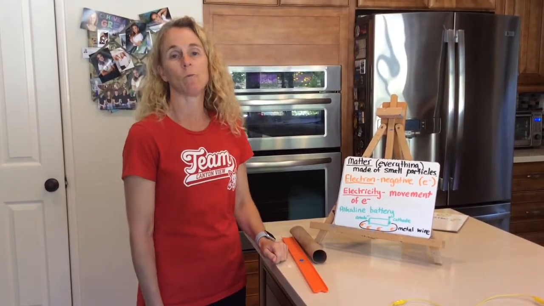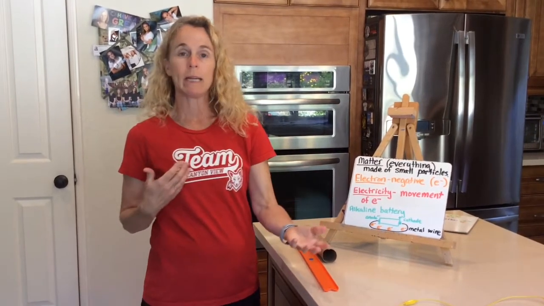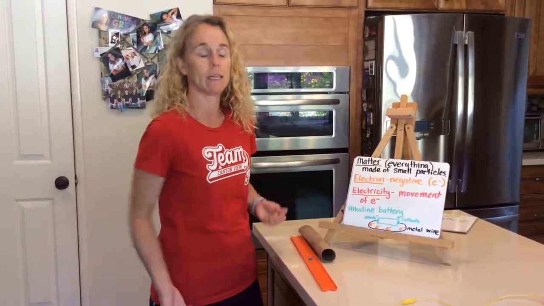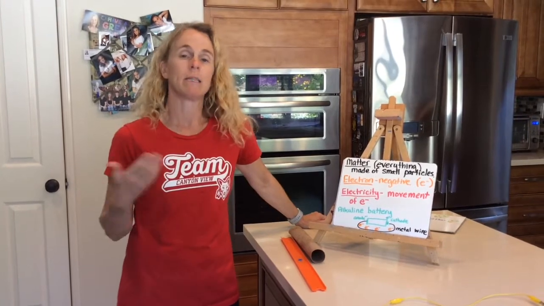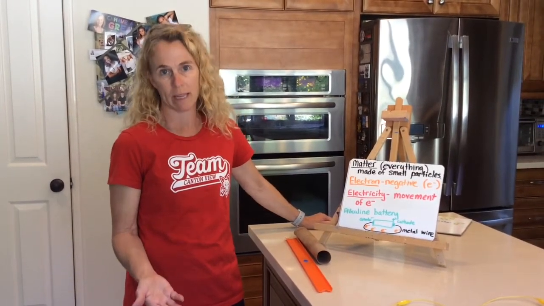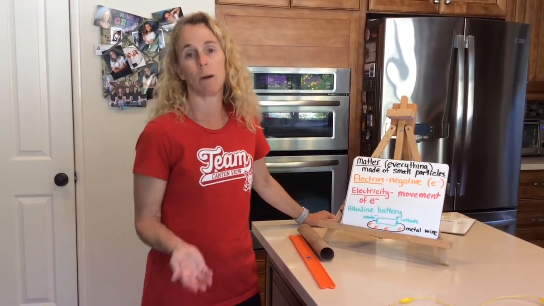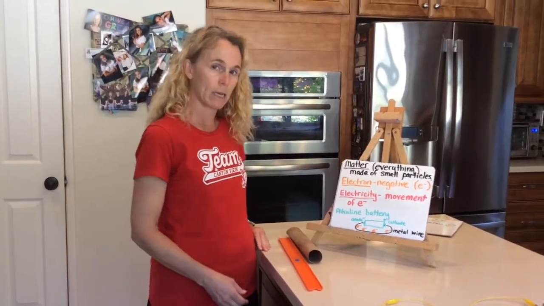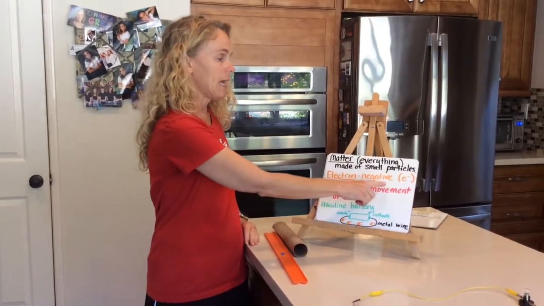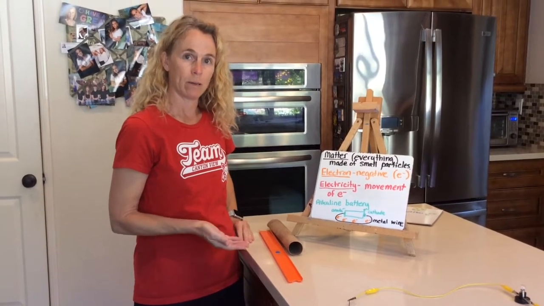I just wanted to go over matter, which is everything: the air we breathe, the liquids we drink, the solids. Matter is made up of very, very small things that we can't see with our eyes. One of these really small things is called an electron, and an electron is a negatively charged particle within the matter.